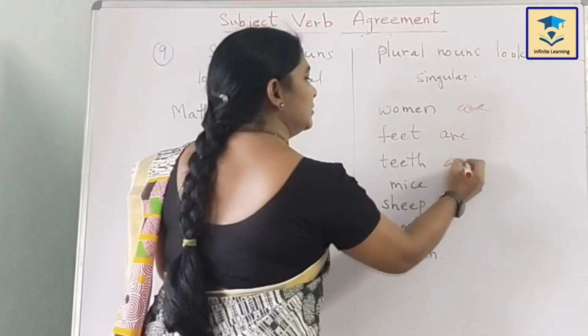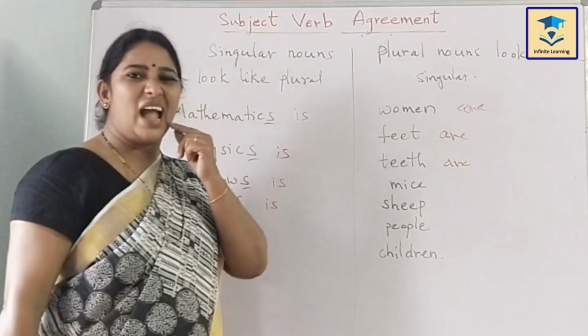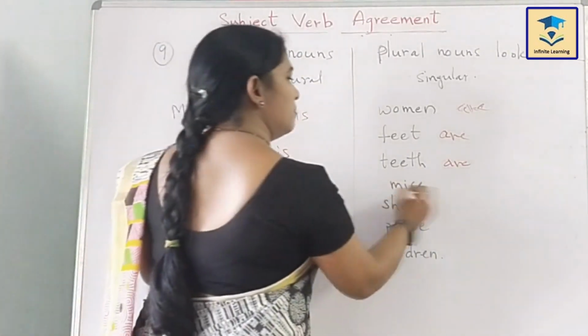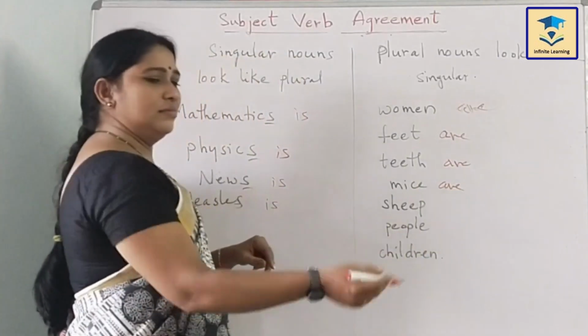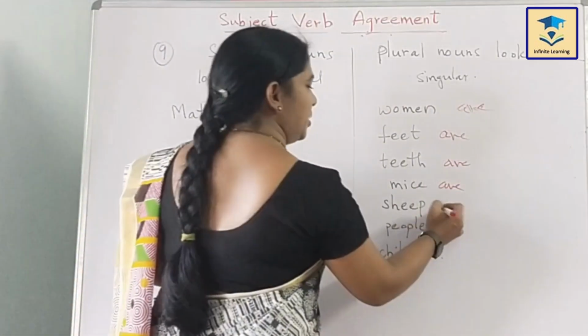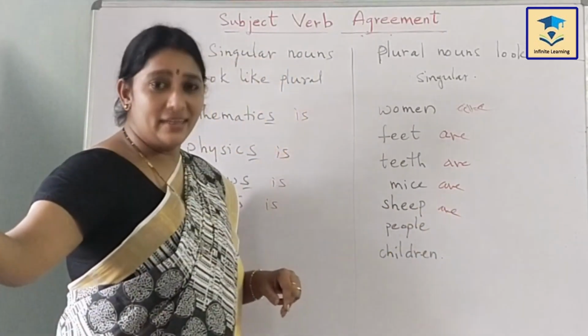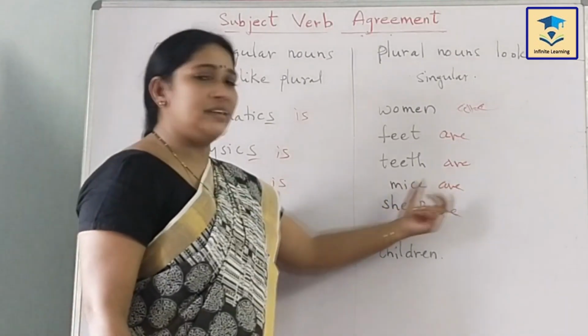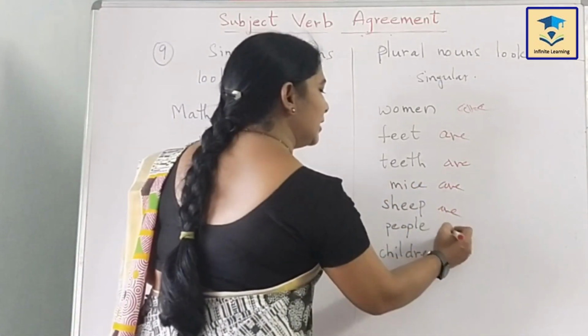Teeth are aching. Our teeth are spoiling. Mice are going all around the house. The sheep are grazing in the open land.